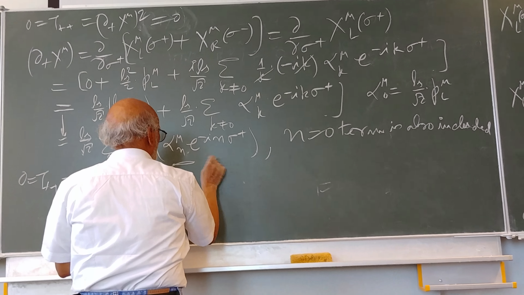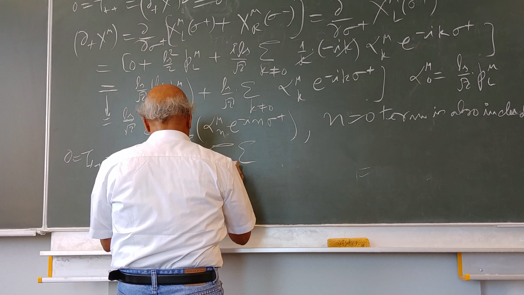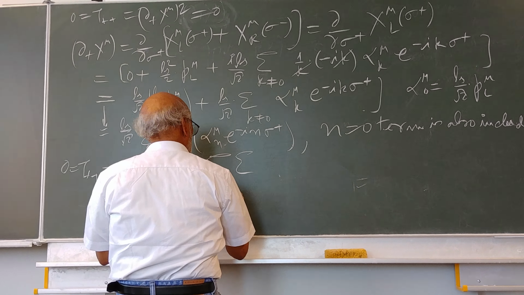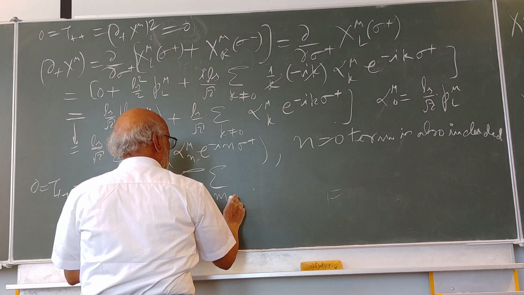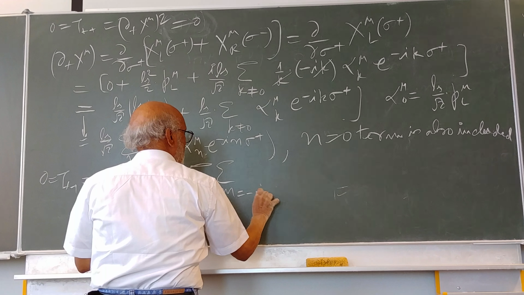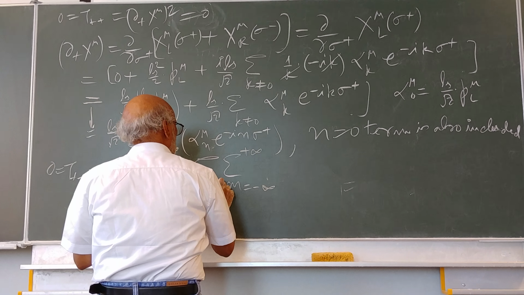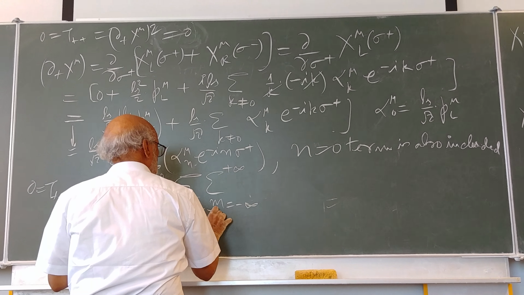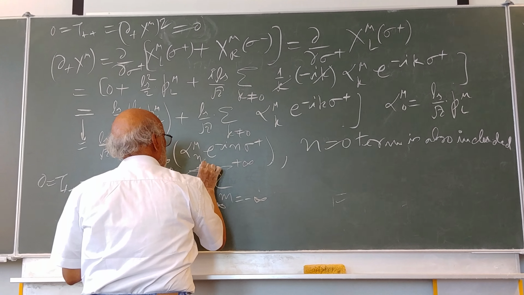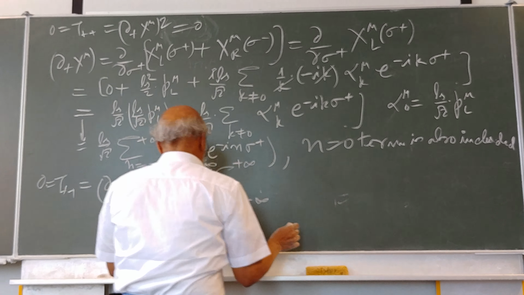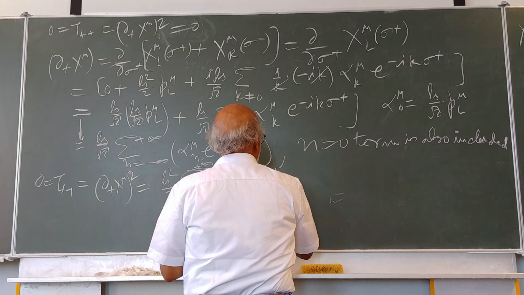I can put 1 or 2 over, let me say, m, L and m from minus infinity to plus infinity, and alpha L alpha M, a scalar product of two alphas in the d-dimensional space.